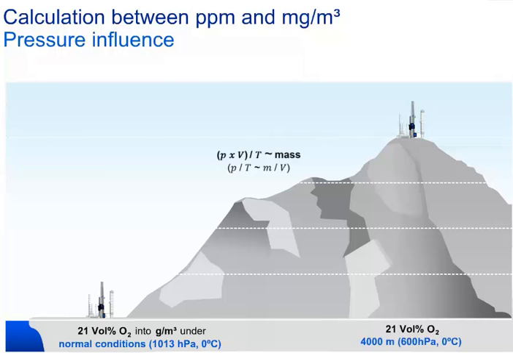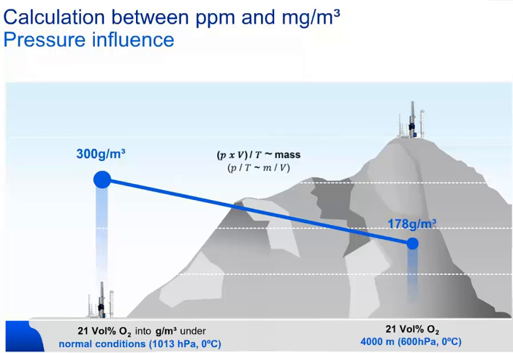When V and T are constant, then P is proportional to M. And now we can calculate: 21 volume percent O2 at 1013 hectopascal corresponds to 300 grams per cubic meter. 21 volume percent O2 at 600 hectopascal corresponds to 178 grams per cubic meter. We realize that for the same volume concentration, here 21 volume percent O2, we get a different mass concentration per volume when the pressure changes.